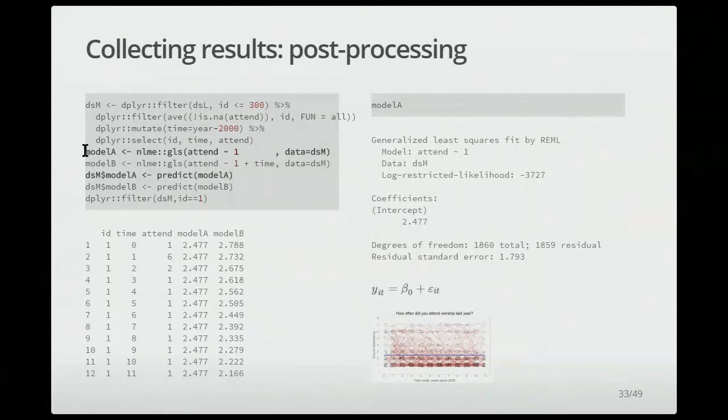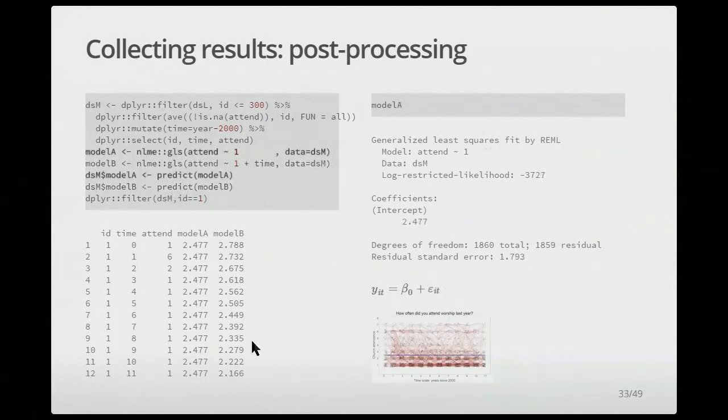Now we define model A as this formula. It's just a linear model with intercept. We put the predicted value generated by that model in column model A, and we do the same thing with model B.